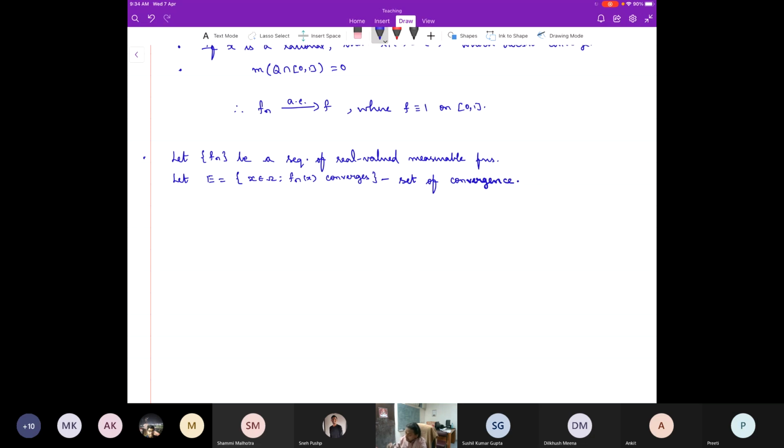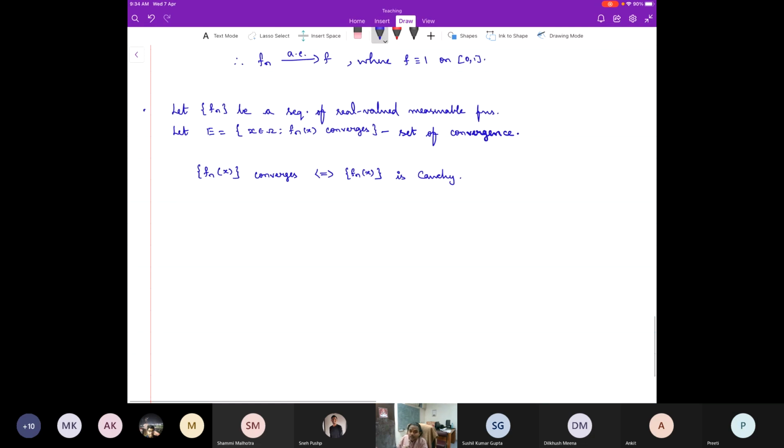Right. Now, it is known from our basic real analysis or calculus that fn(x) converges is equivalent to saying that this sequence is a Cauchy sequence. Yes, if and only if fn(x) is Cauchy.